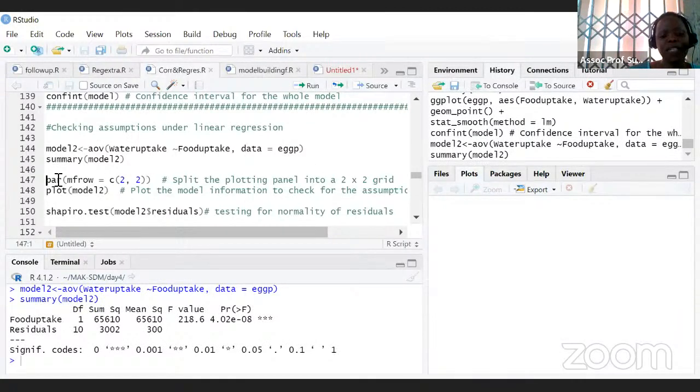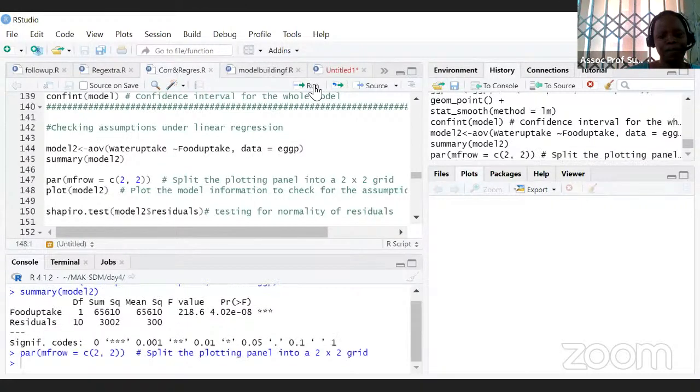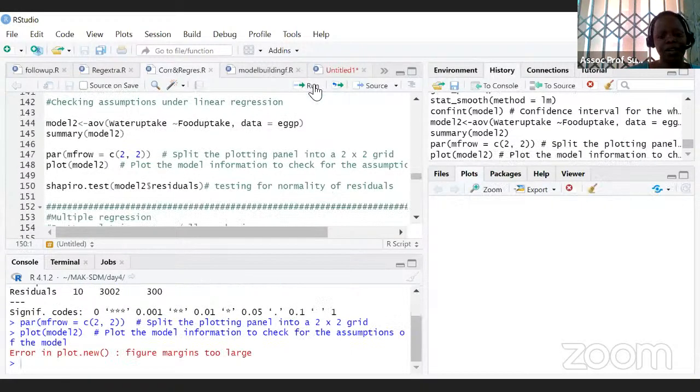Now, this particular line 147 is specifying the way you're going to organize your graphs in the panel, and you're going to plot your residuals. So the second line, 148, tells you to draw the residual plots. So we run line 147 and then line 148.